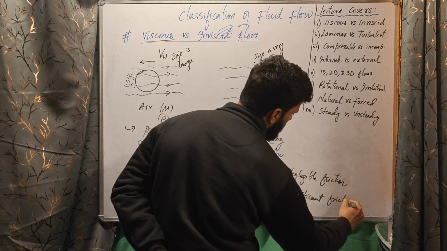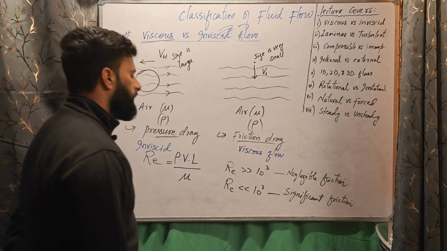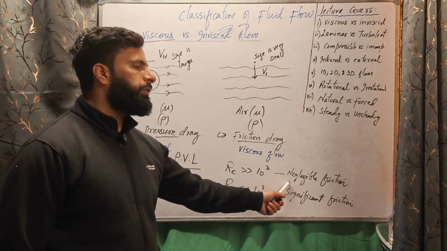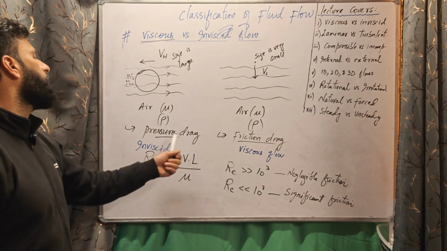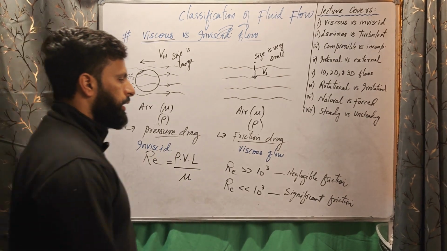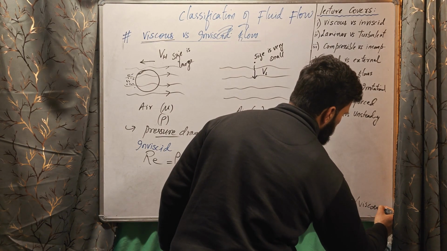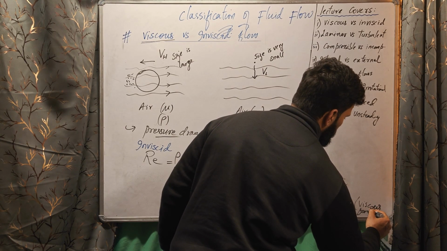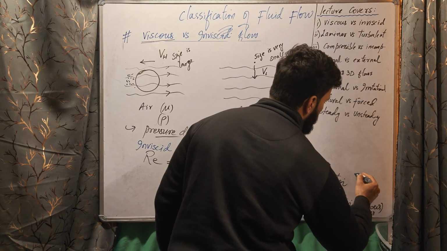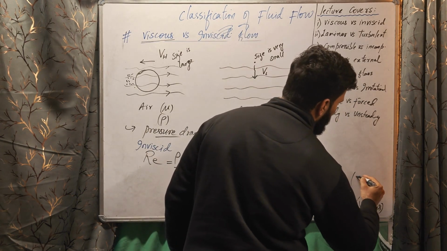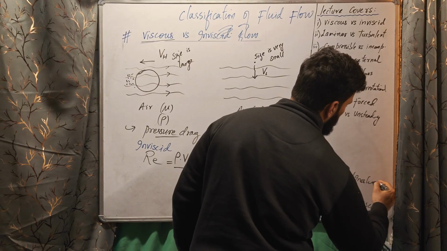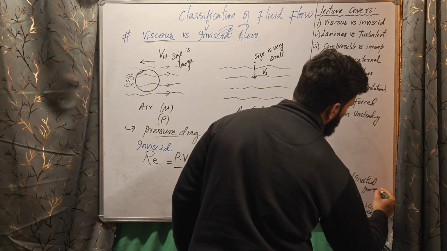Or flow is dominated by friction. In the other case flow is not dominated by friction, but it is dominated by a thing called inertia. So dominated by viscosity, you have viscous effects, viscous forces, and here flow is dominated by inertia, inertial forces.